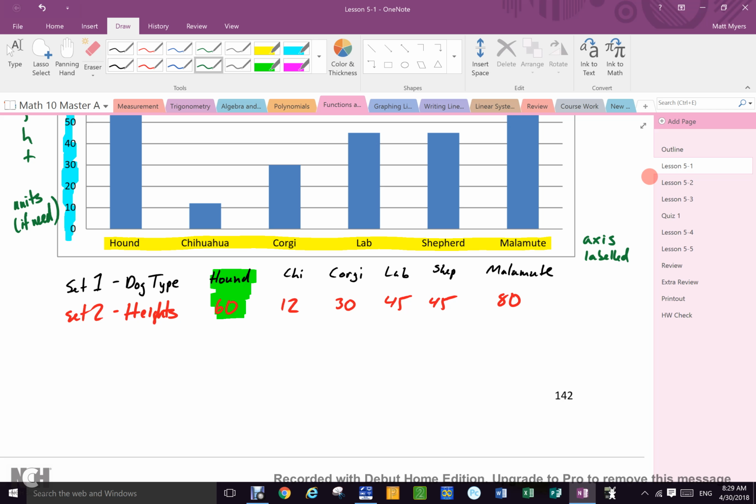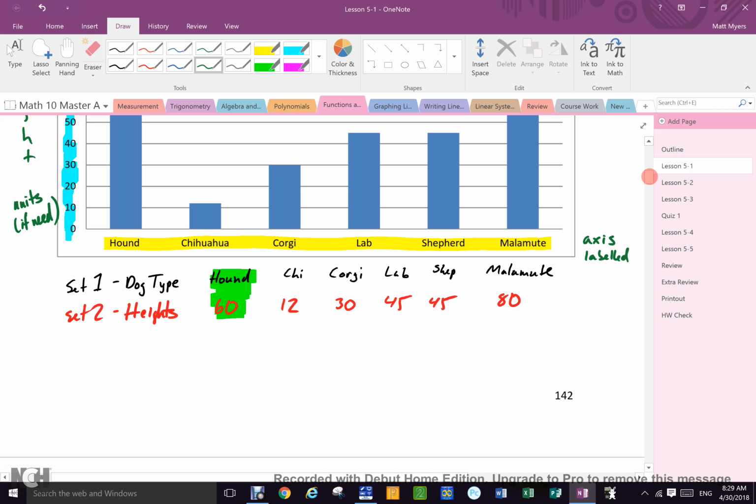Does everybody understand why I'm sticking at 45? Why did I do that? There's 2. Because there's 2. And you can change your answer. When I say 45, you do not know of which dog I am speaking, do you? So we have a relation because every dog has a height, yes? There's no dog that isn't there. Every dog has a height. So this is a relation.